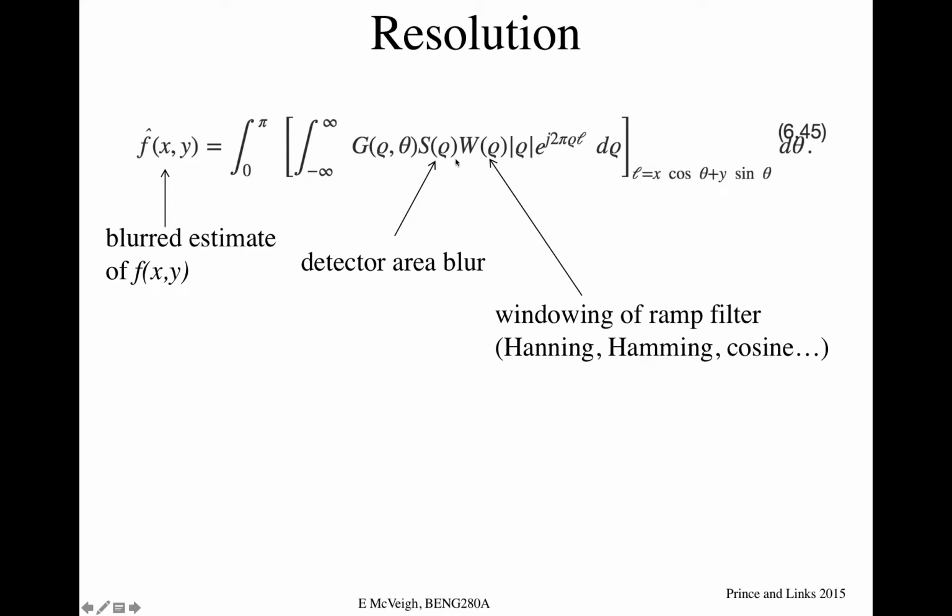This function, which is in the Fourier domain, so it's a relative weighting as a function of spatial frequency, can model the detector blur. The detector blur comes from the fact that we don't have an infinite number of infinitely small detectors measuring the projection. g(l, theta) has been sampled at a specific frequency. But not only that, the detectors themselves have a width, and they integrate over that width.